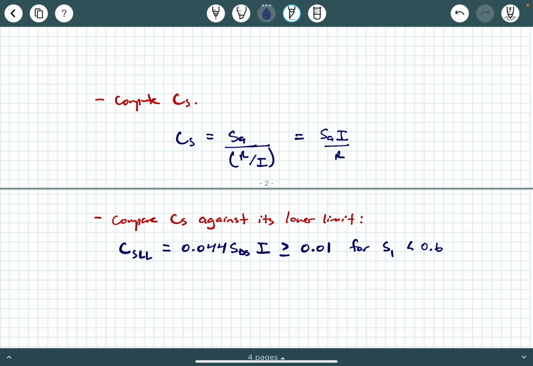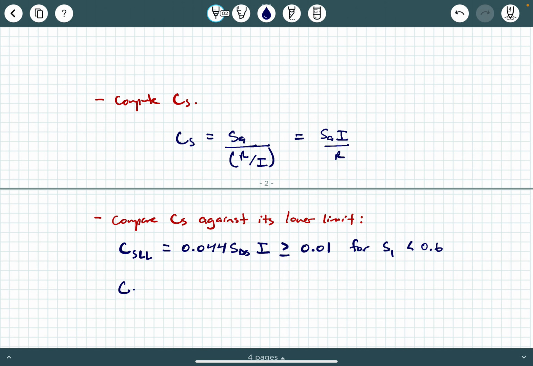Now, how do we calculate that lower limit? We have this equation: C sub S lower limit, 0.044 SDS times I. The lower limit itself must be bigger than or equal to 0.01 when the site has an S1 less than 0.6. What happens when the site has an S1 bigger than or equal to 0.6?